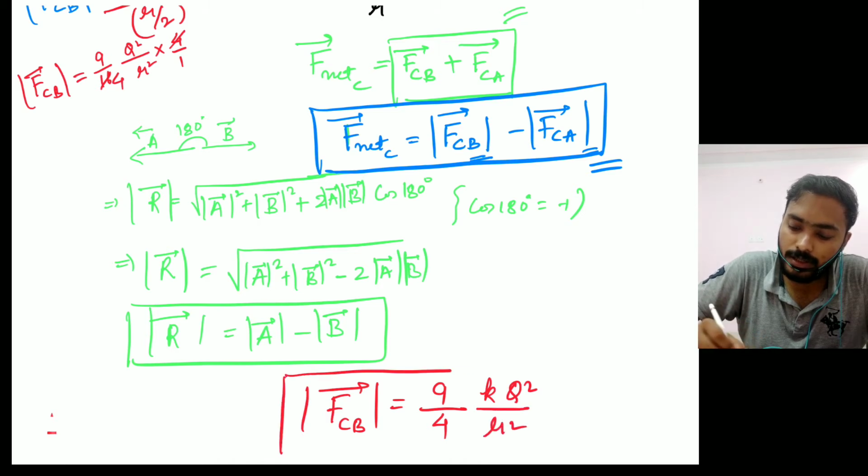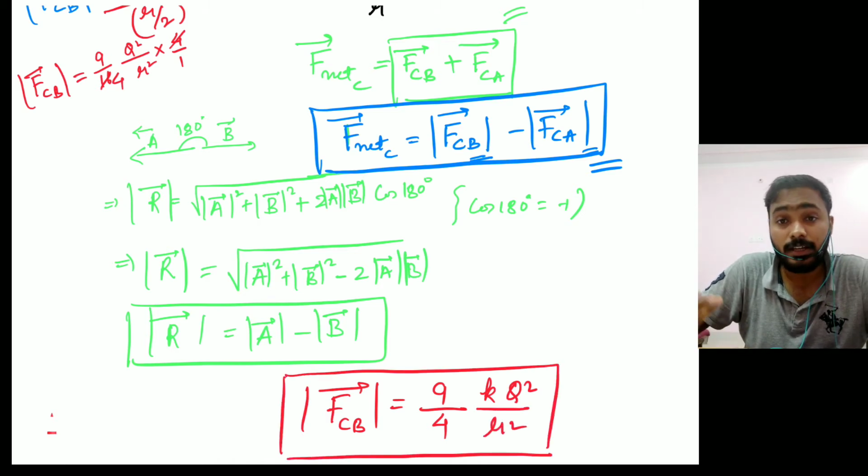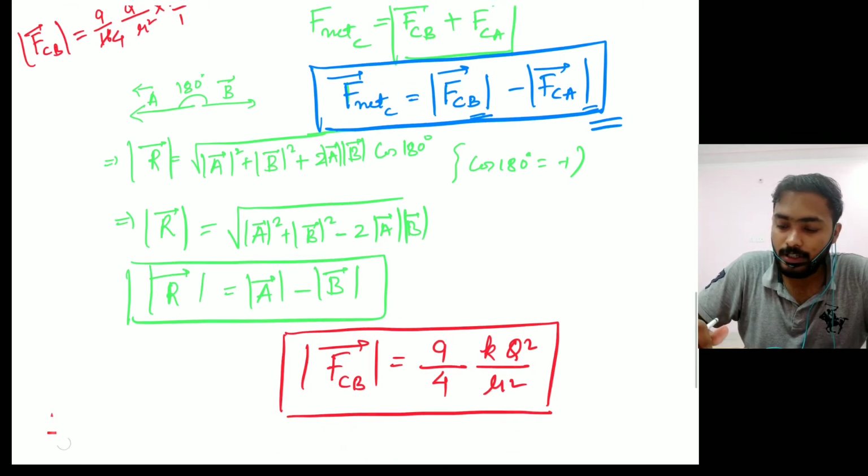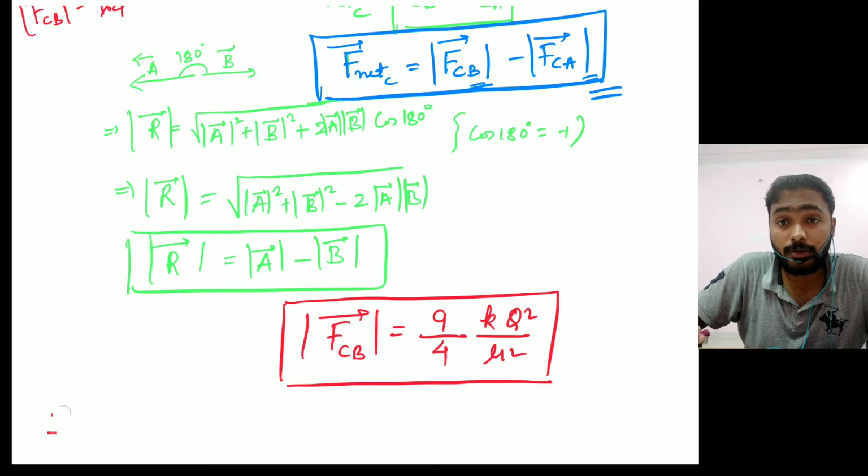You can do it in your own copy to see whether it's coming out to be that or not. So 9 by 4 kq square upon r square is our result.